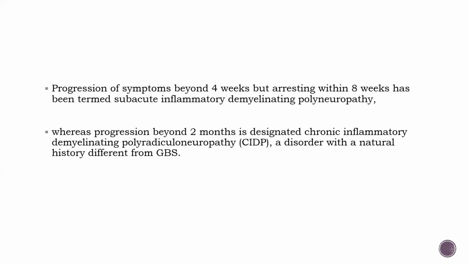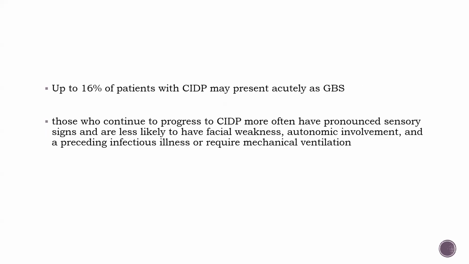Progression of symptoms beyond 4 weeks but arresting within 8 weeks has been termed subacute inflammatory demyelinating polyneuropathy, whereas progression beyond 2 months is designated chronic inflammatory demyelinating polyneuropathy, a disorder with a natural history different from GBS.